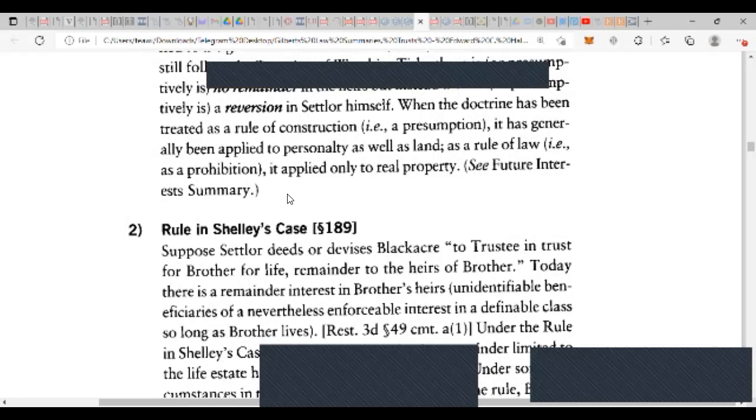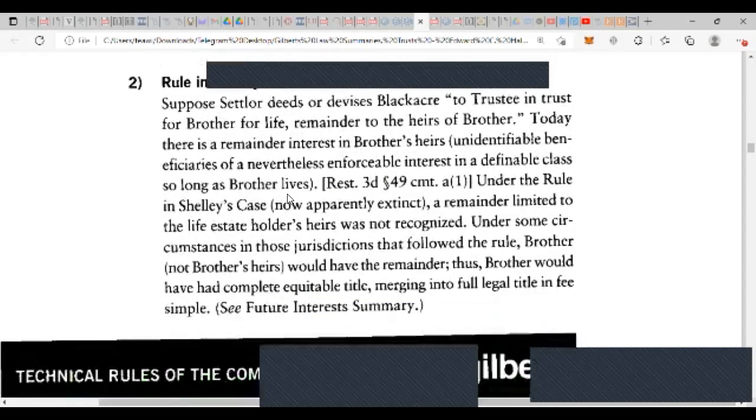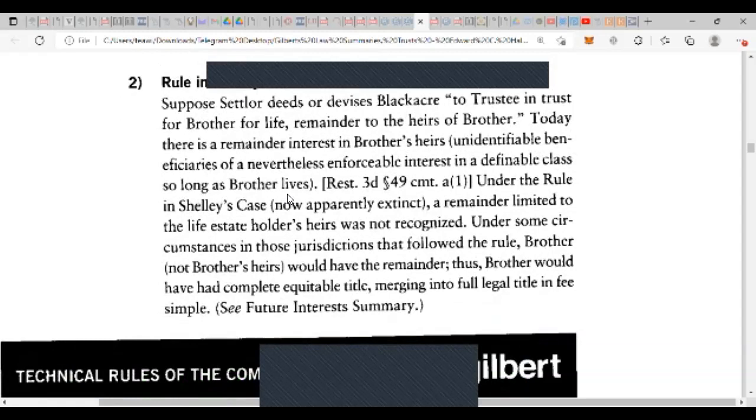Number 2, rule in Shelley's case. Section 189. Suppose settlor deeds or devises Blackacre to trustee in trust for brother for life, remainder to the heirs of brother. Today there is a remainder interest in brother's heirs, unidentifiable beneficiaries of a nevertheless enforceable interest in a definable class so long as the brother lives. Restatement Third, Section 49, comment a.